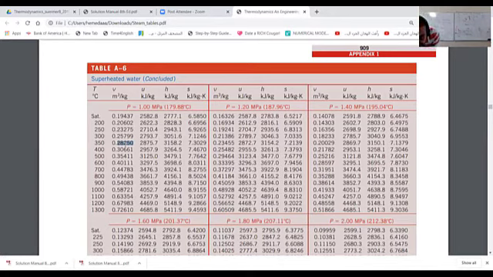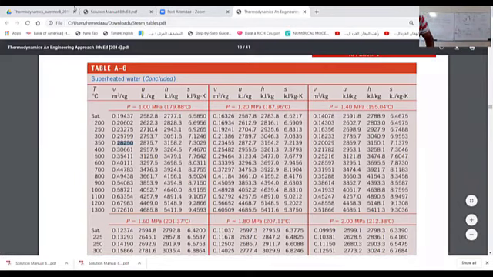What is the volume here? 0.25799. Correct? Table A6. And the second one is 0.2825. I'm gonna stop sharing now and look at the board. Okay, so we got these values.